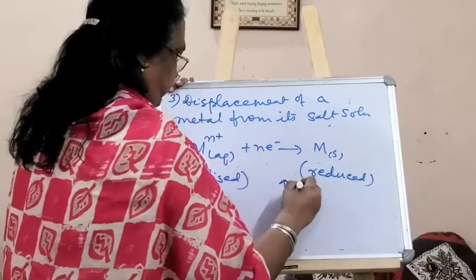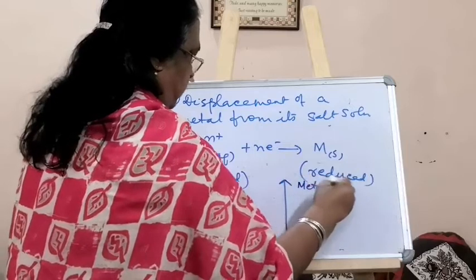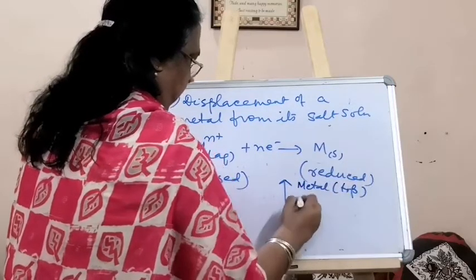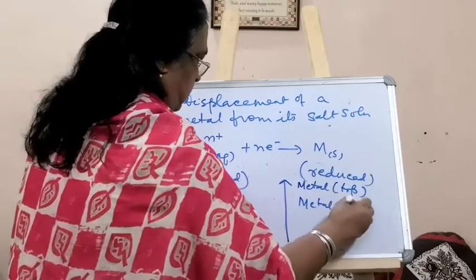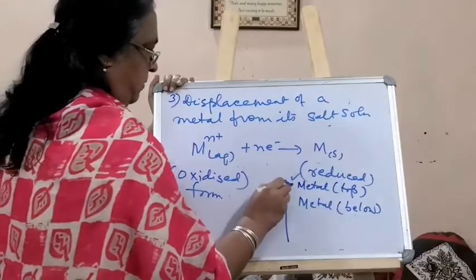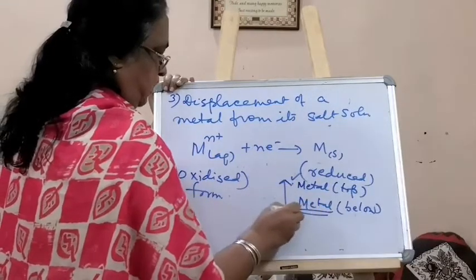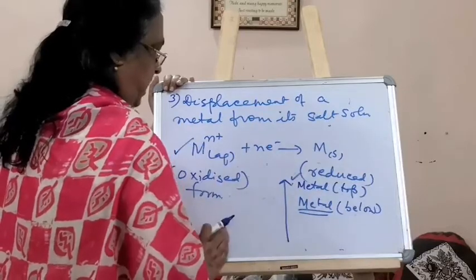So this metal is more reactive, and a more reactive metal will displace a less reactive metal from its salt solution due to this reaction.